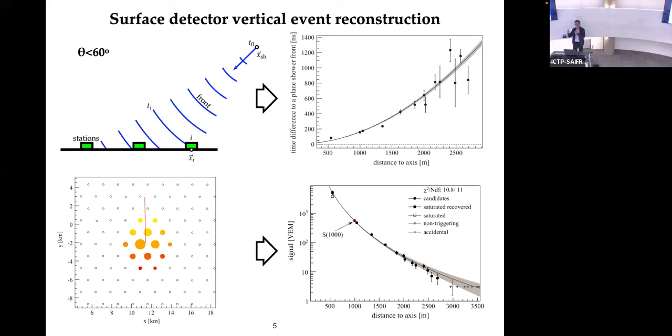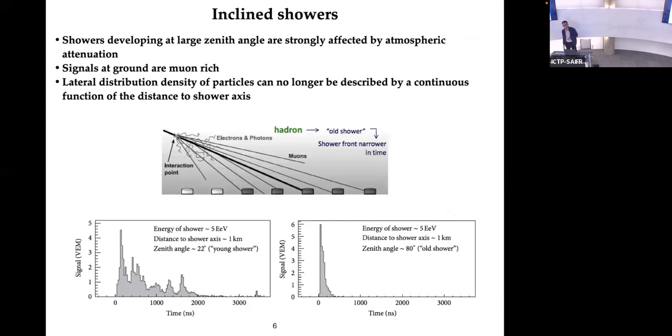Then you can correlate S1000 from the surface detector with the energy measured by the fluorescence detector. In this way, we calibrate the detector without the need of simulations. There's a mild dependence on simulation, but it's very mild and doesn't dominate the systematic uncertainty in our energy scale.